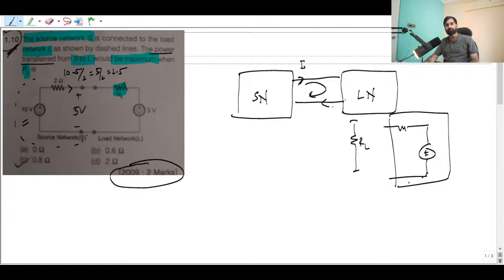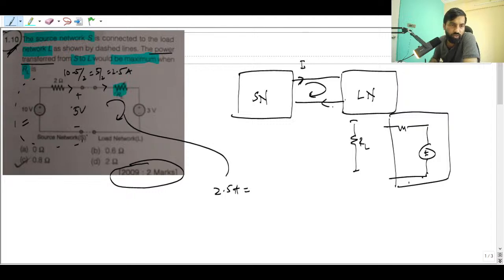2.5 will be the current flowing through this network. And if this current is flowing here, this current will flow there also, right? Now can you tell me what will be the current here? So it will be 2.5 only. So I'm just writing 2.5 ampere is equal to (5 minus 3) volt upon the resistance RL, which is unknown.